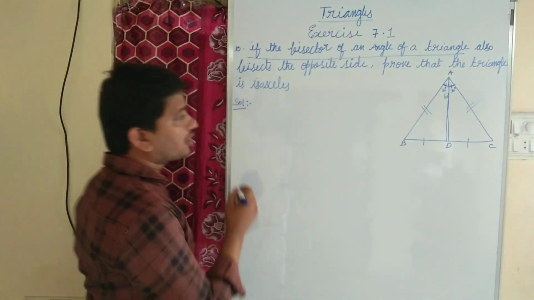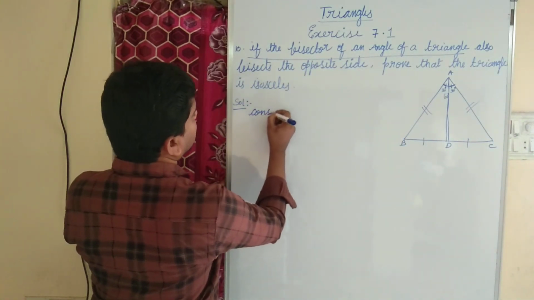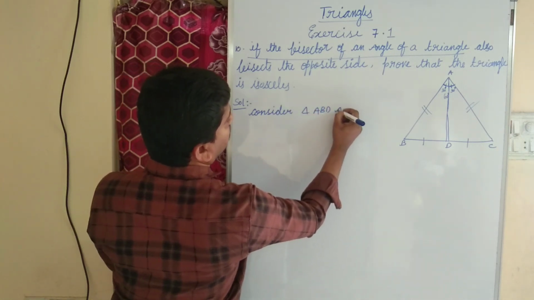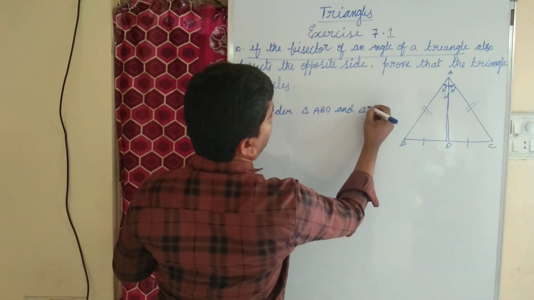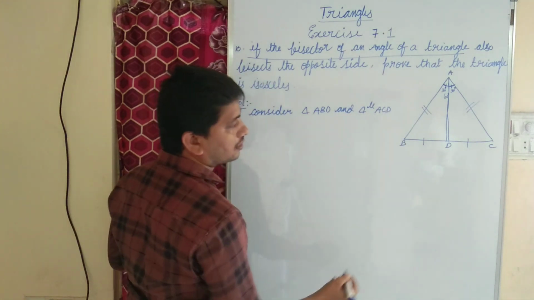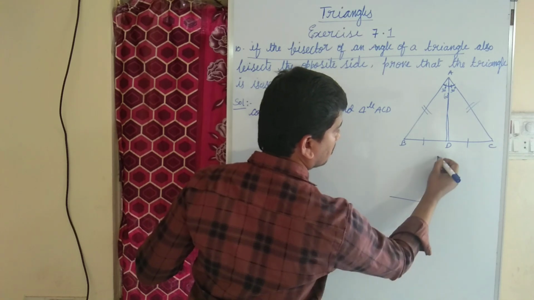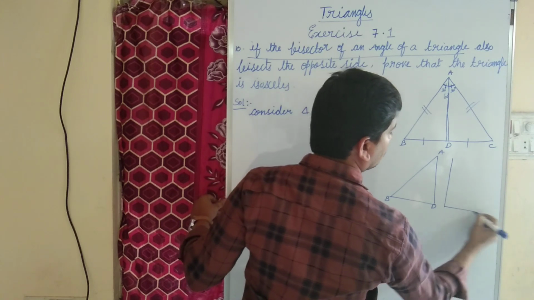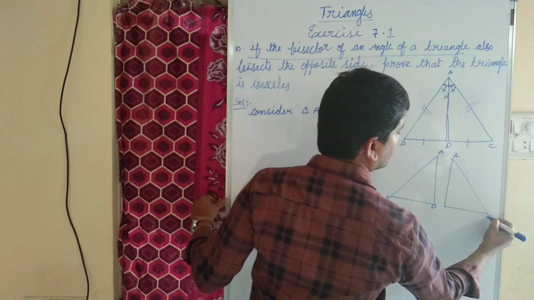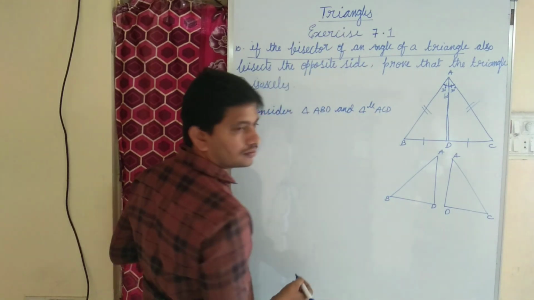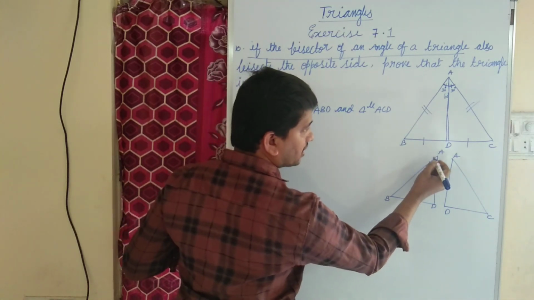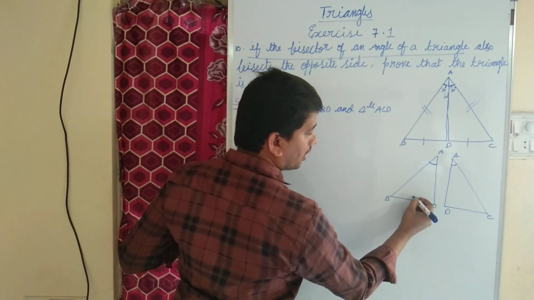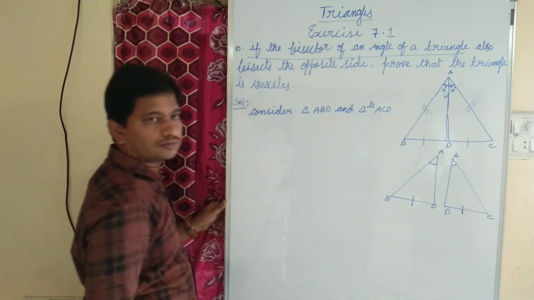So children, consider two triangles, triangle ABD and triangle ACD. As it is given, this is the bisector, so these two angles are equal, and this side equal to this side.